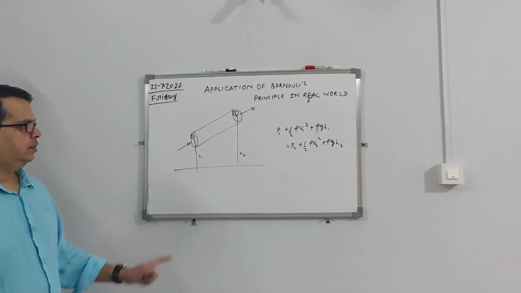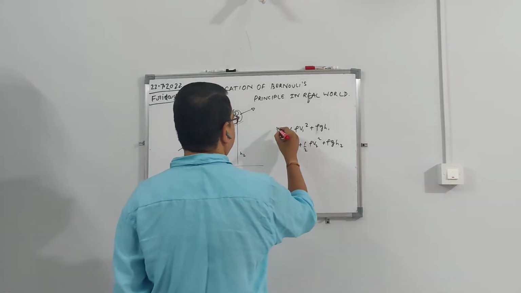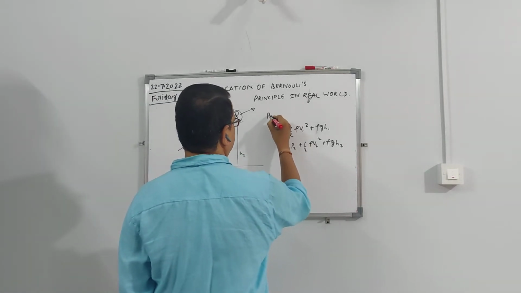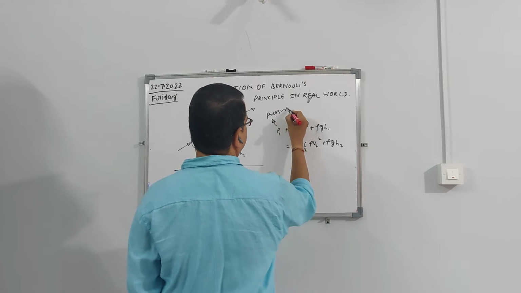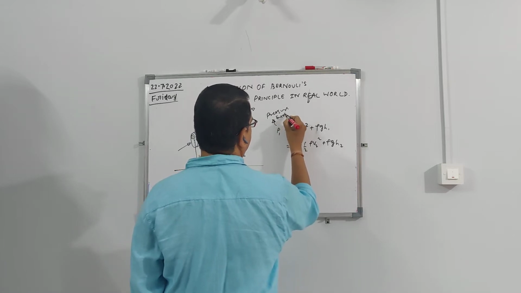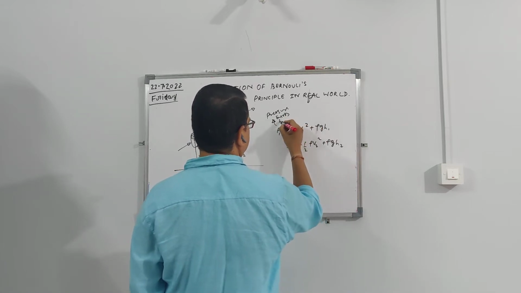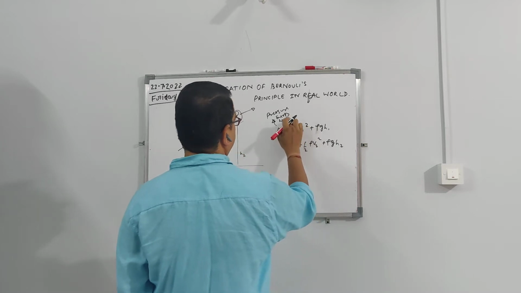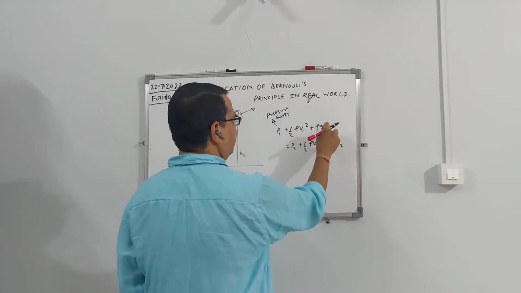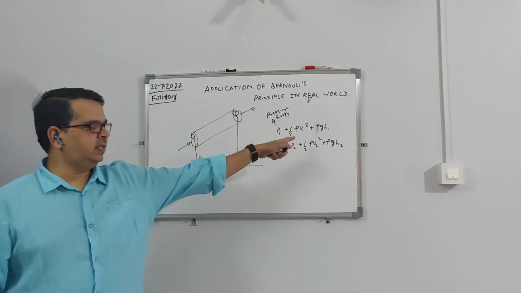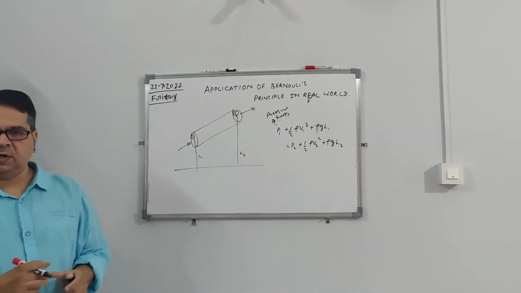This is called your pressure energy, or pressure head also you can say. When you convert it into head, if you divide everything by rho g, then it will become head.